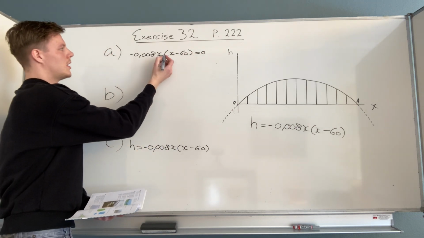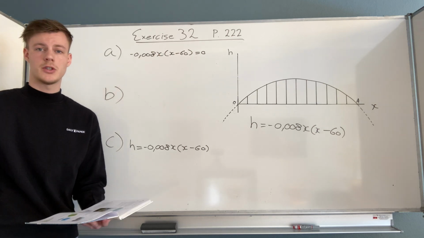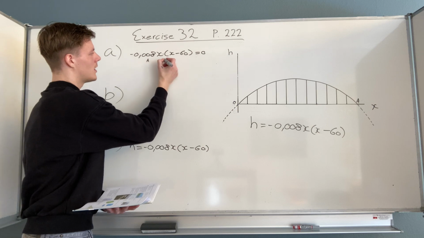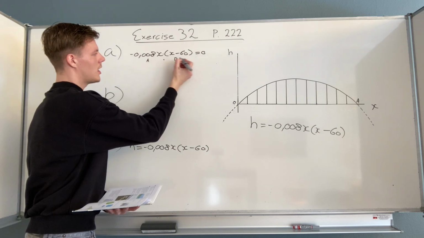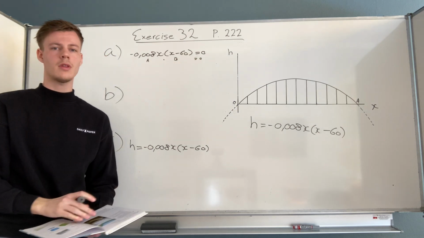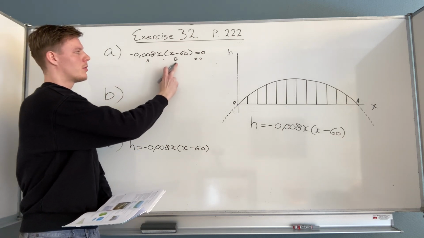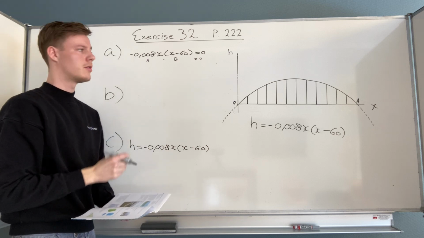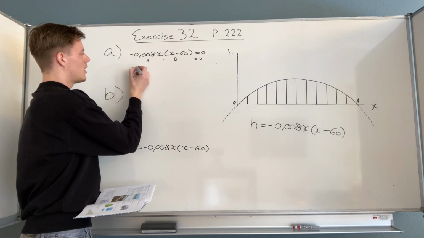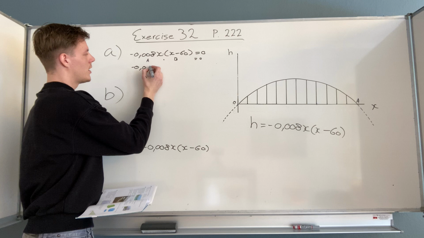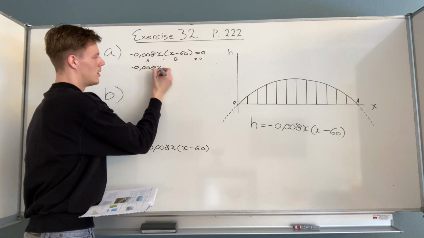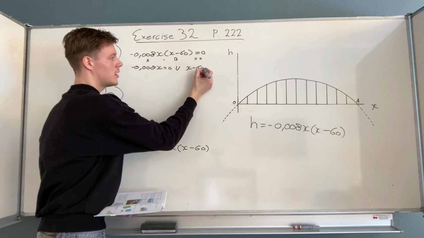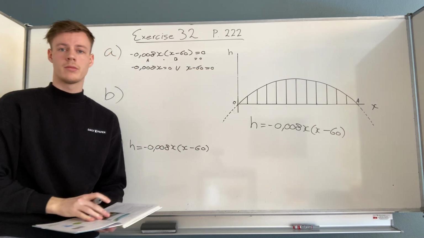And we see that we have a special form here, because we can see this as a times b is 0, which means that either a is 0 or b is 0, because that multiplication gives us 0. So we can say that either minus 0.008x equals 0, or x minus 60 equals 0.